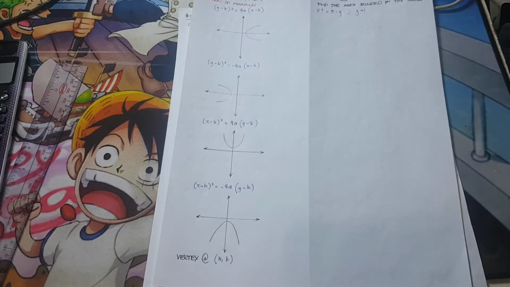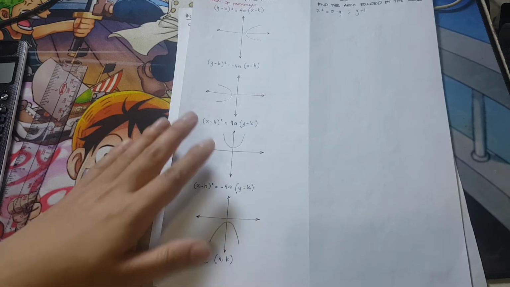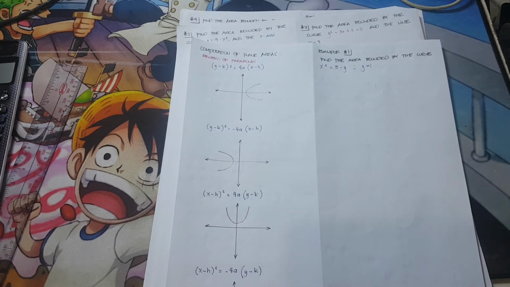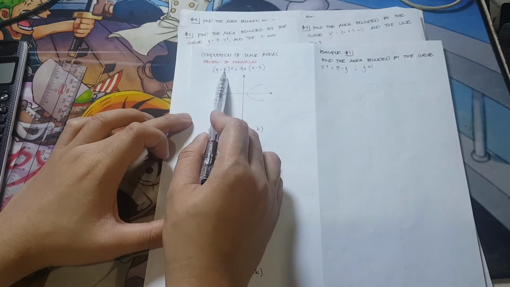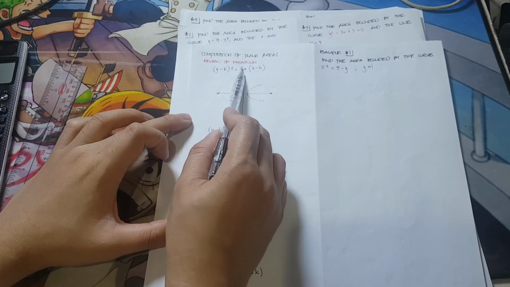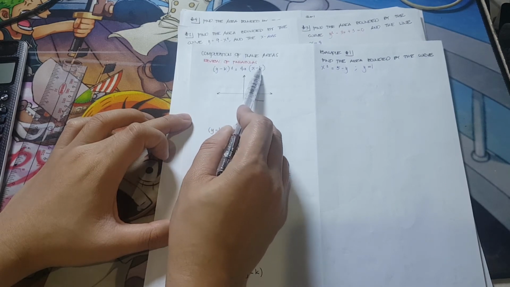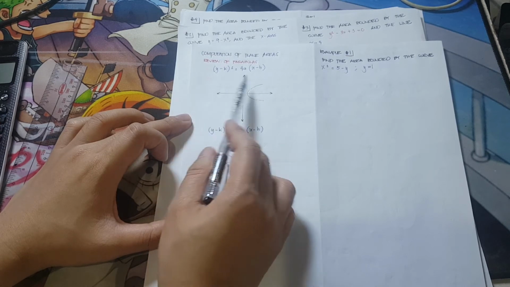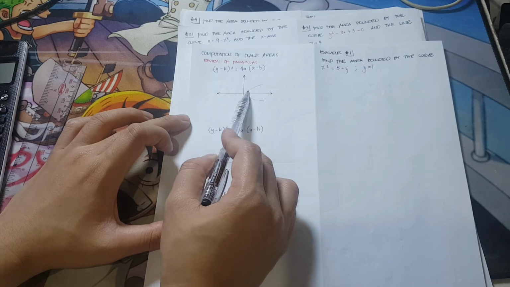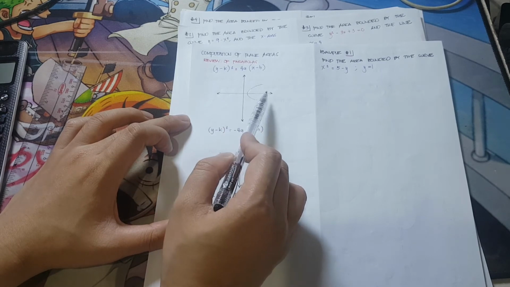Okay? So in computation of plane areas, normally when we are dealing with curves, we encounter a parabola. So let's have a short recap of the parabola. If you have y minus k, quantity squared, equivalent to 4a times x minus h, then this is a parabola opening to the right.